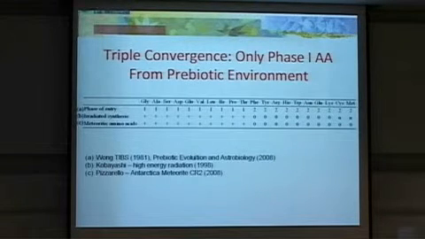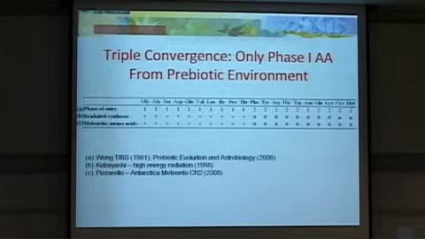And by the way, on the division of the 3 phases of amino acids, 10 of them are phase 1, and 10 of them are phase 2, based on the genetic code evolution. Now, Kobayashi's group has produced 10 amino acids by high energy radiation on a slightly reductive atmosphere, and the amino acids they obtain are exactly the 10 phase 1 amino acids, and none of the phase 2 amino acids.